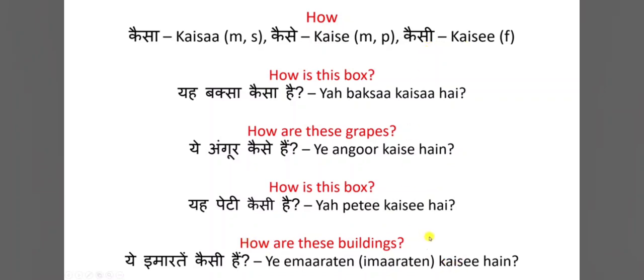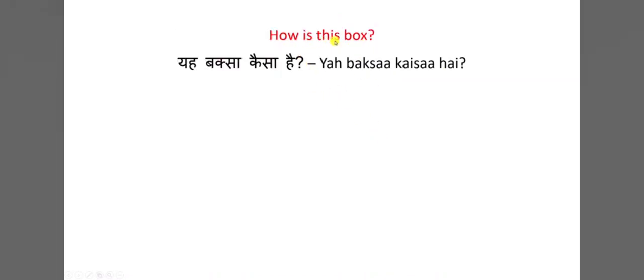Okay. Now, an important thing about how. How is this box? यह बक्सा कैसा है? We learnt it just now. Notice the position of the word for how: कैसा.